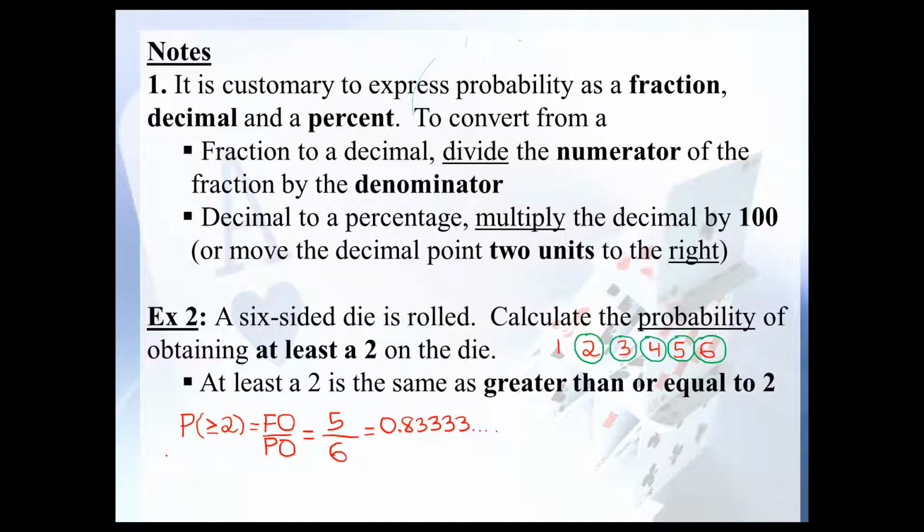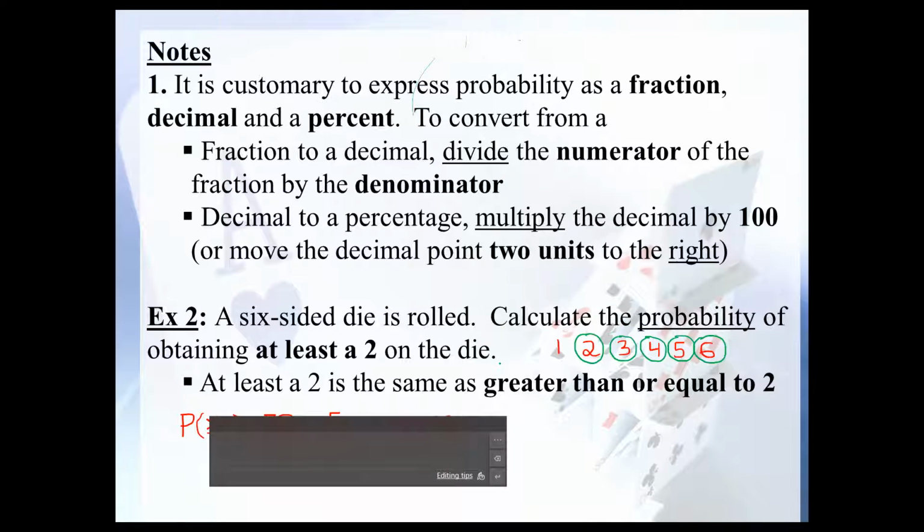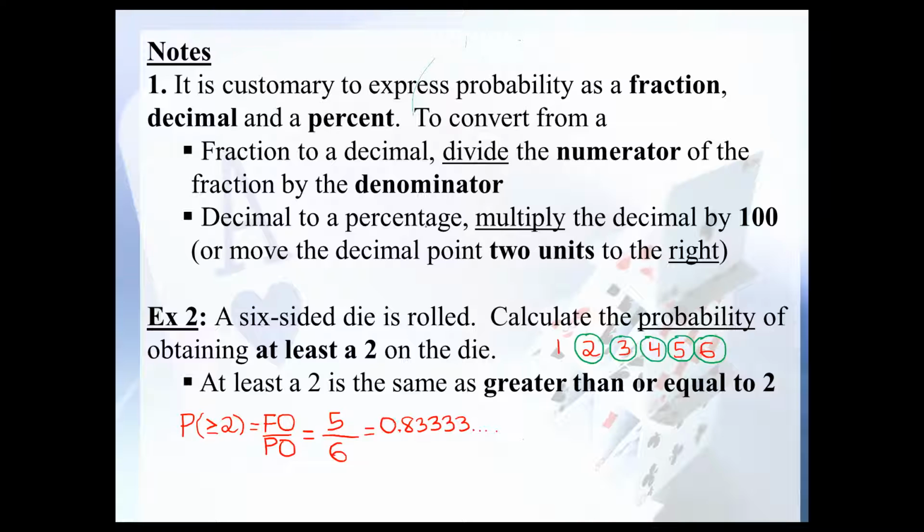So for my rounding, and I'll go to another pen color, I would try to round this to the nearest thousandth decimal place. The nearest thousandth would be the first 3 decimals. So I want to round it to here.